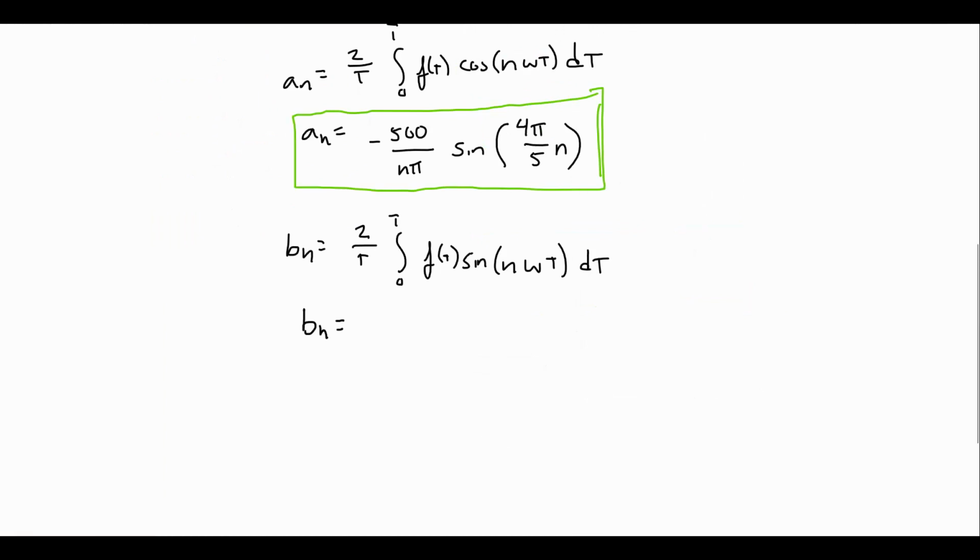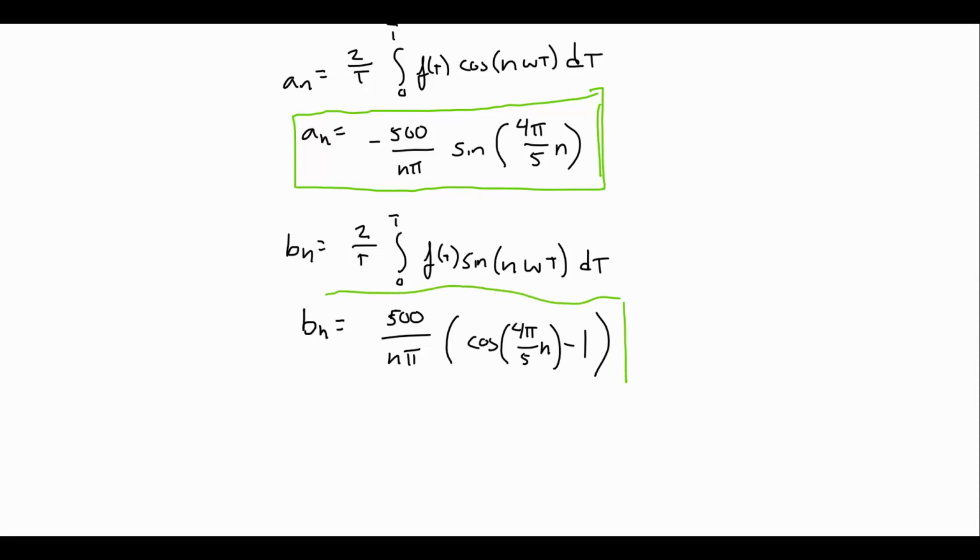Copying it down, we get 500 over n pi times cosine of 4 pi over 5 n minus 1. And I just reversed the order from the Mathematica, so it looks a little bit cleaner now. So those are my bn terms.